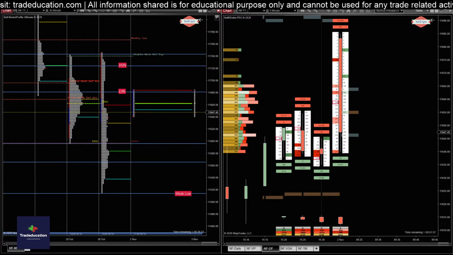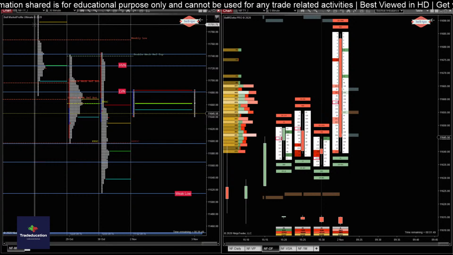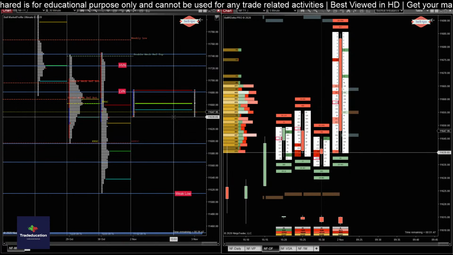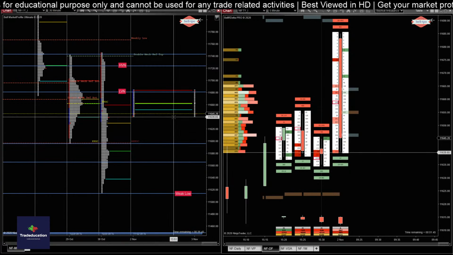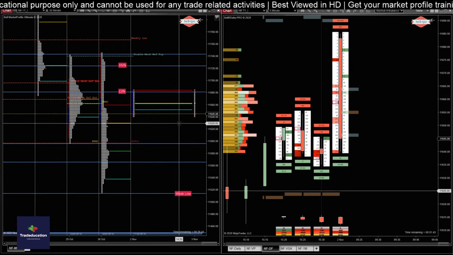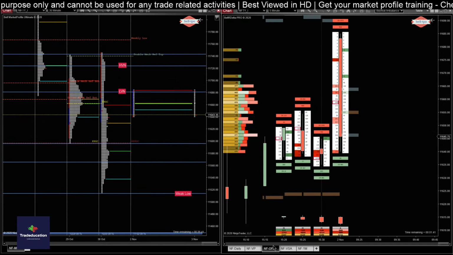So good volume flow. We still have 2 minutes to go. 5,500 contracts already traded. The low is still weaker. Expect it to tag again.